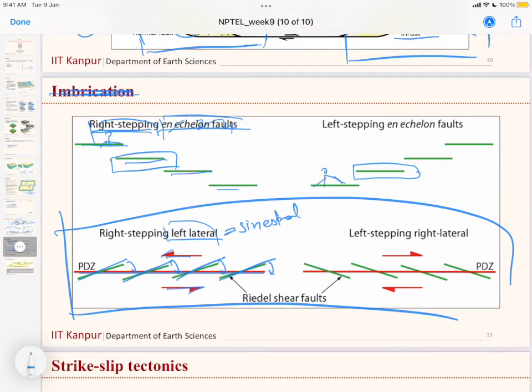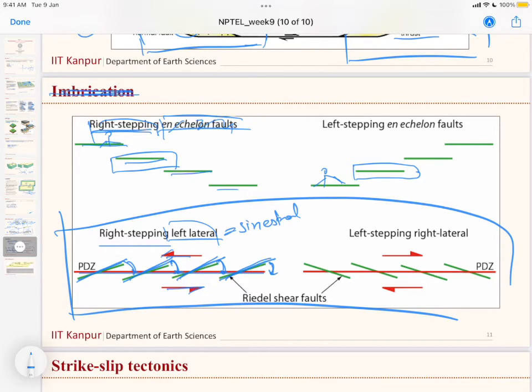If you have a fracture like this and you want to make them flat, definitely you have to push them like this, correct? So to push them like this, you have to move them towards the right hand direction. So that's why it is right stepping.